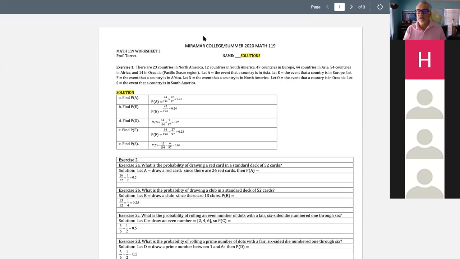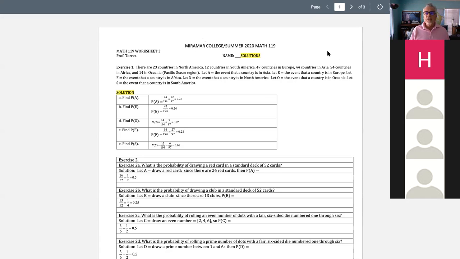These problems here are representative of each chapter that you'll go through. So in this particular worksheet, we're going to talk about probability, which is the mathematical foundation for statistics, but it's really a subject unto its own.